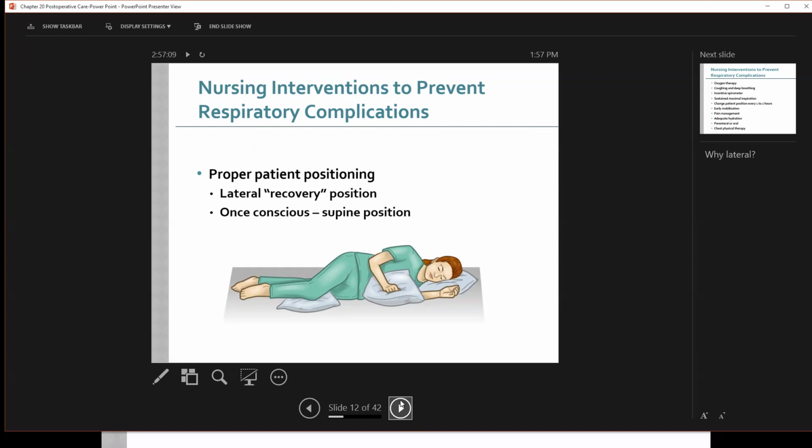Proper patient positioning. When the patient is unconscious, they should always be placed in the lateral recovery position. This can be on the left side or the right side. Once they regain consciousness, they should be placed in a supine position with the head upright.